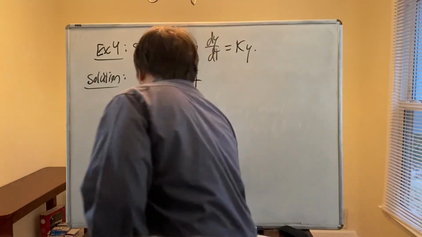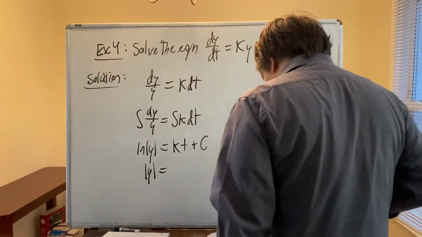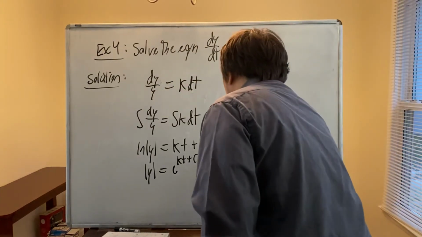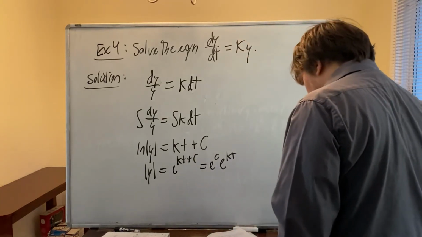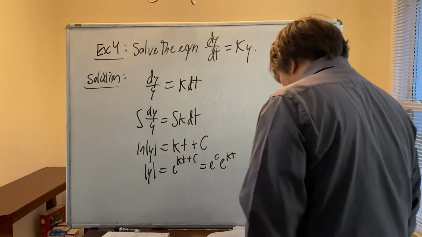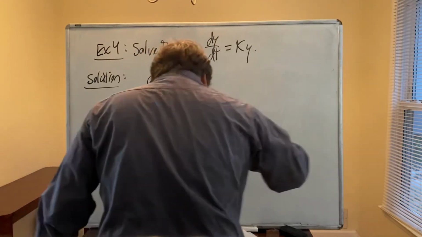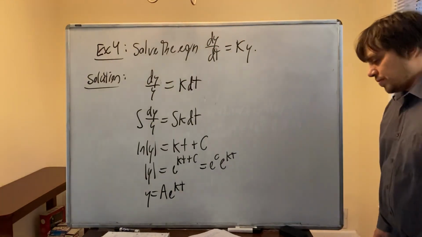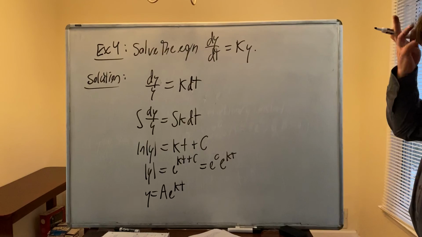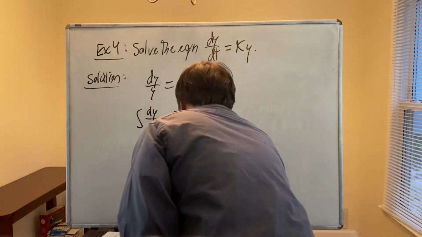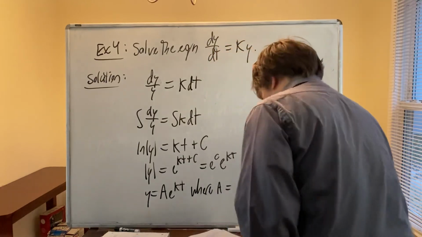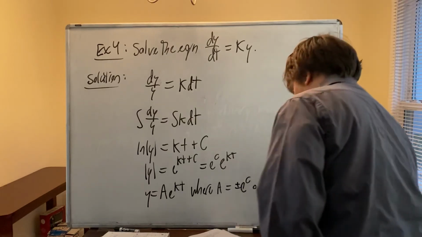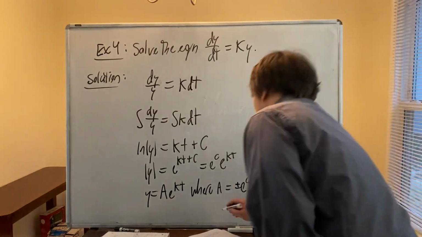Because that tells you that the absolute value of y is equal to e to the kt plus c, which is equal to e to the c, e to the kt. Okay, and then y is equal to capital A, e to the kt, where capital A is equal to plus or minus e to the c, or A is equal to 0, is an arbitrary constant.